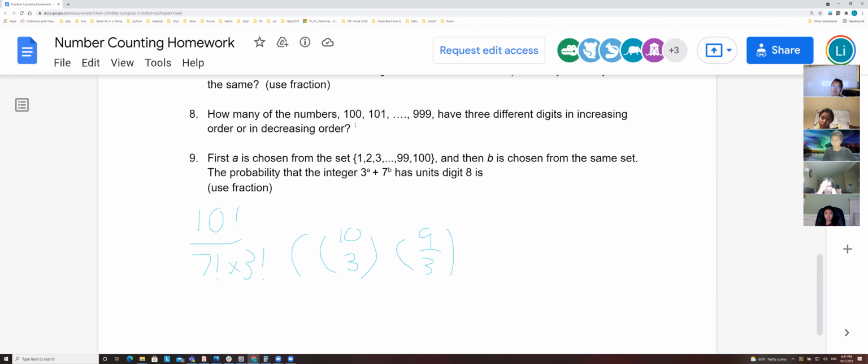So you select 3 numbers from 9, so 1 to 9. Once you select, you're done. There's only 1 possibility to meet increasing. Basically you just select 3 out of 9, you're done. And similarly, if it's decreasing, then 0 is a possibility.